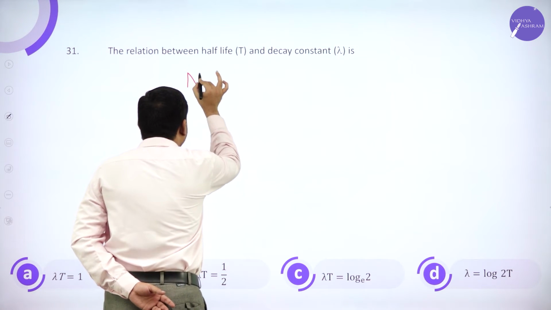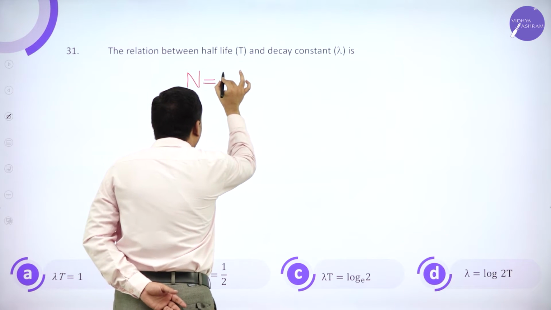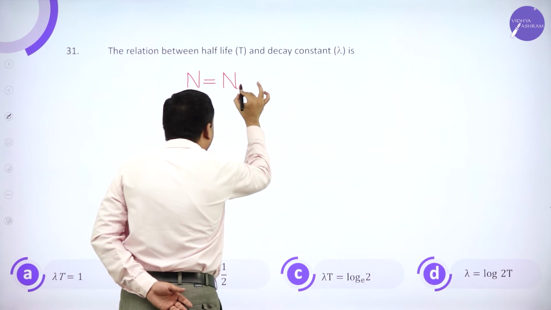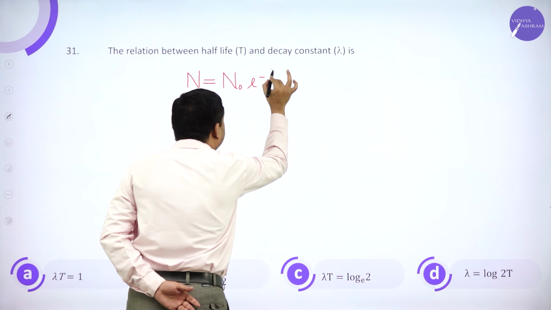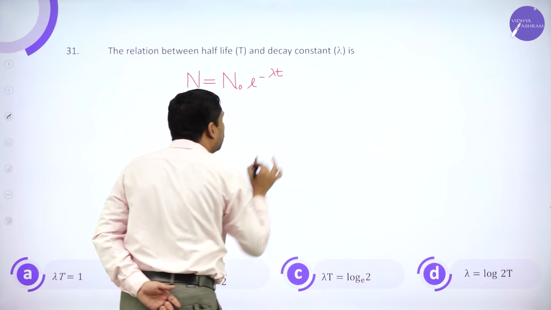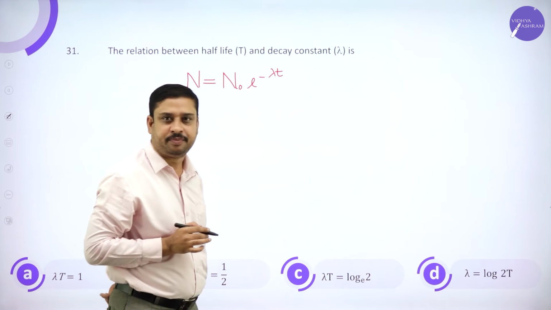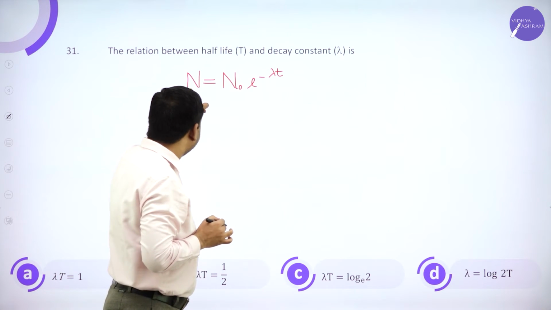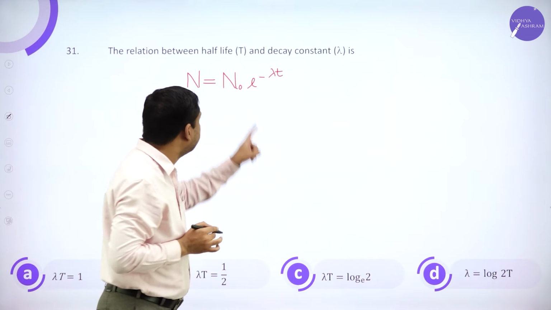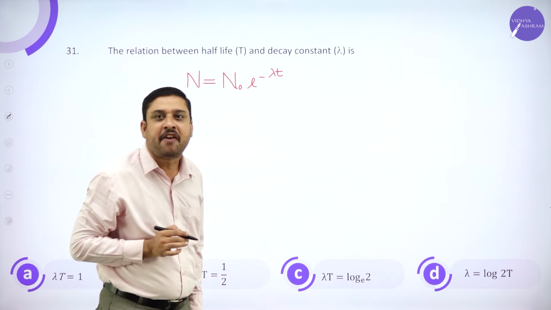What expression did we write? Radioactive decay law is N equals N naught e to the power minus lambda T. N is the remaining number of atoms, N naught the initial number of atoms.